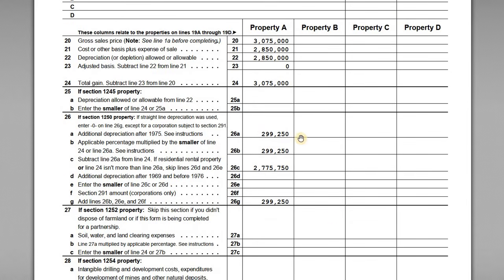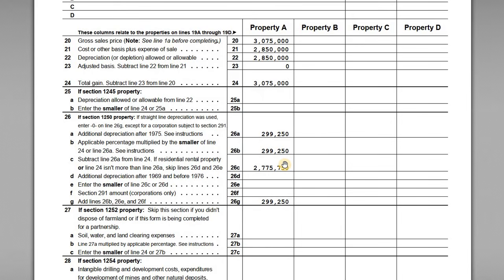Now, this is where we have the ordinary recapture piece. So on line 26 here, it asks us if we have 1250 property, which we do, if straight line depreciation was used for the total, right, you can skip this section. But in our case, we didn't do that, right? We had property placed in service in the early 80s.